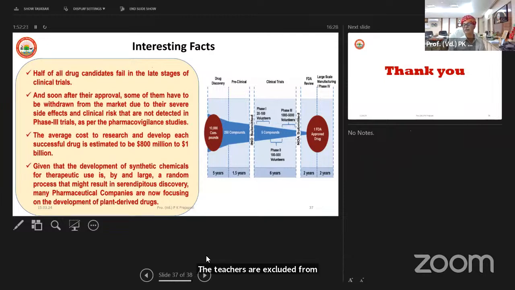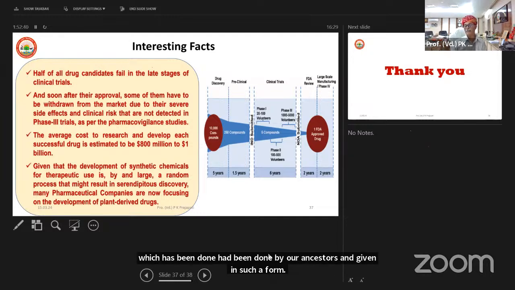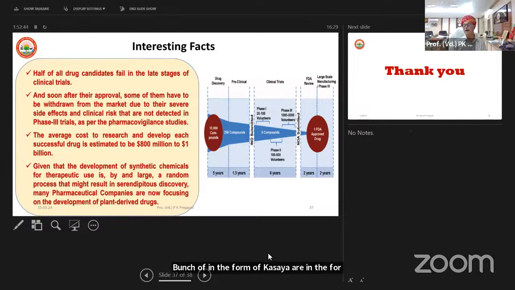We can think on that particular aspect, and we find some very good explanations on the basis of the observational studies done by our ancestors and given in such a form, in the form of kashaya, or formulations, or single-use drugs. If they can be used by us in different conditions, then we can find very good results for everything.